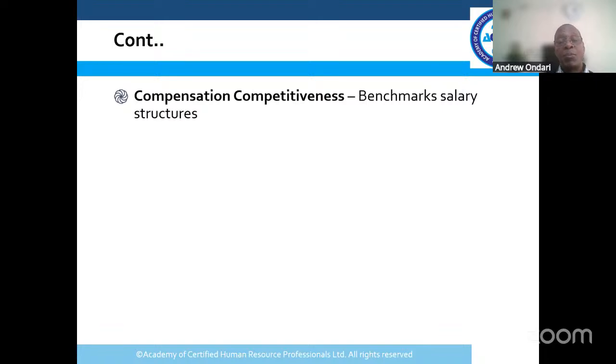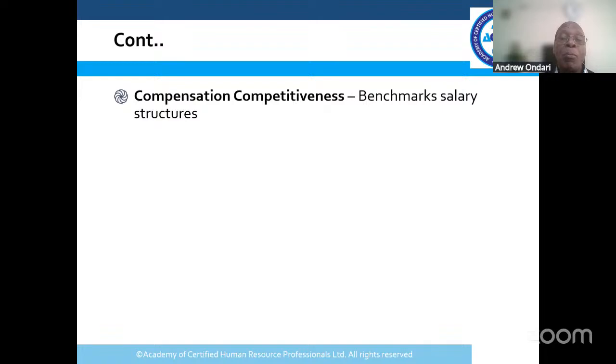Number two, another measure is salary differentials. What is the difference between the highest paid person in a lower grade and the highest paid person in a higher grade? Why are we interested in salary differentials? It is because they are used to attract people to an organization.